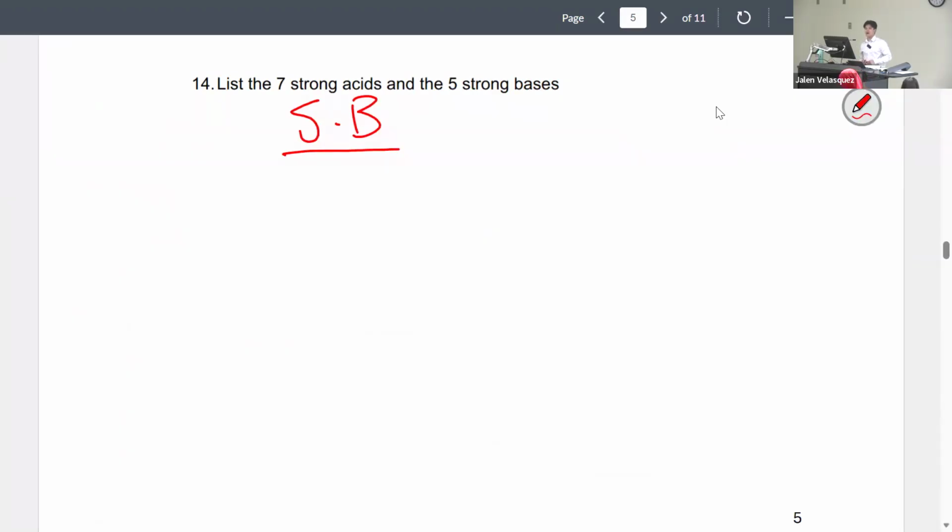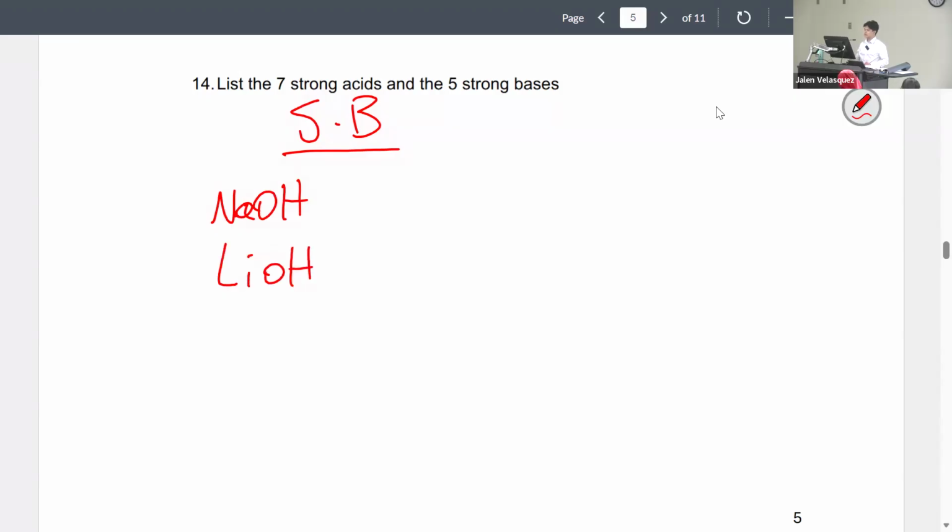So what polyatomic ion do a lot of the bases have? Hydroxide, right? So what are the 5 strong bases we have? Good.